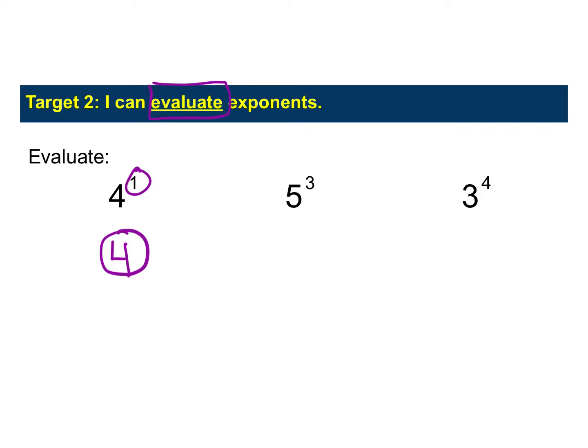The second one is much trickier. So I have 5 is the number I'm going to write over and over. I'm going to write it 3 times. Okay. And I'm going to do that multiplication problem. So I'm going to say 5 times 5, which is 25. And 25 times 5. I'm thinking about quarters because a quarter is 25 cents.